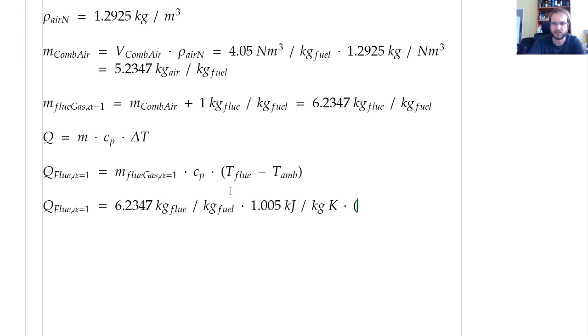In the first case we will take 200 degrees C minus 20 degrees C as ambient. So when we put it together, we should get that the amount of heat required is 1128 kilojoules per kilogram of fuel.